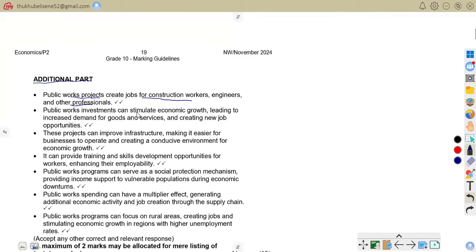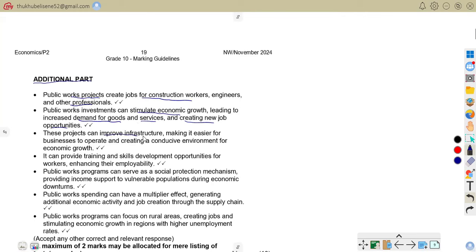Public works investment can stimulate economic growth, leading to increased demand for goods and services and creating new job opportunities. So if public works try by all means to create jobs, that will make people spend more, and that will help the economy of the country to grow.